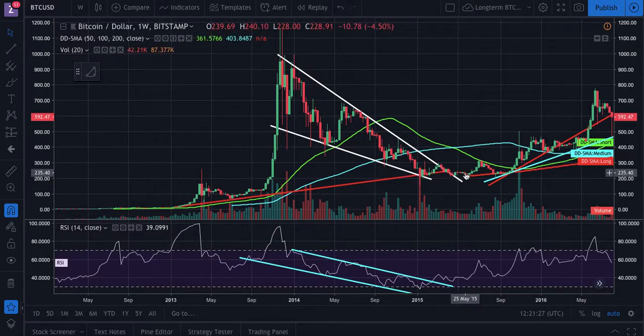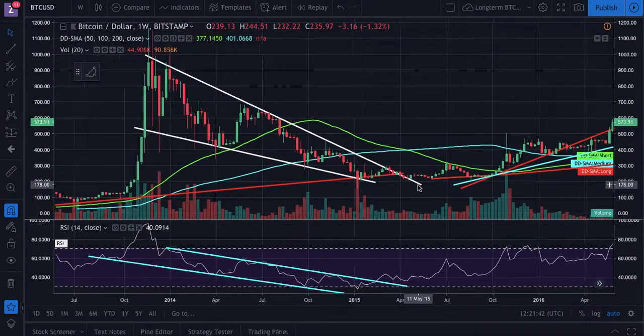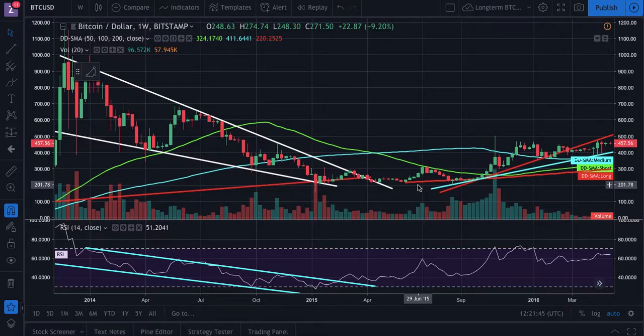Here we had 235 till this was around a 30% run. Nevertheless, we always know this is a golden rule. We're gonna double bottom, so we're gonna test the bottom again.